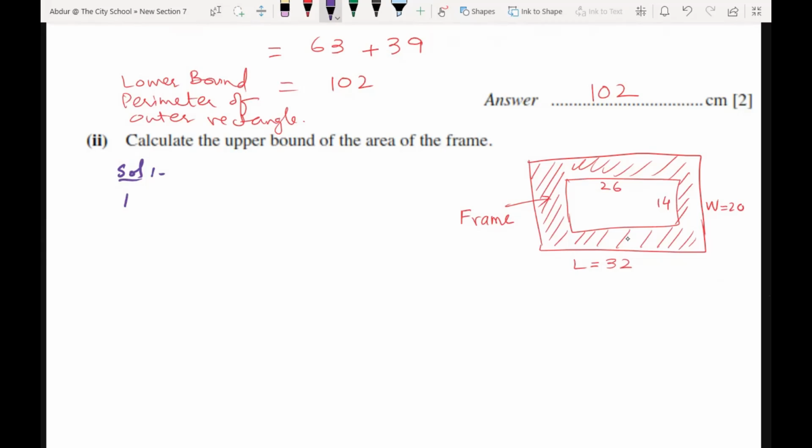So, area of the frame is area of outer rectangle minus area of inner rectangle.